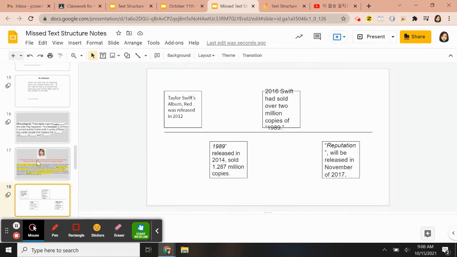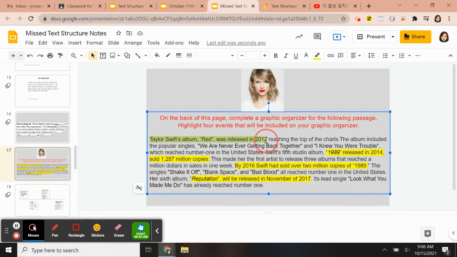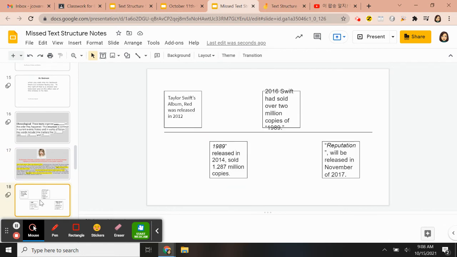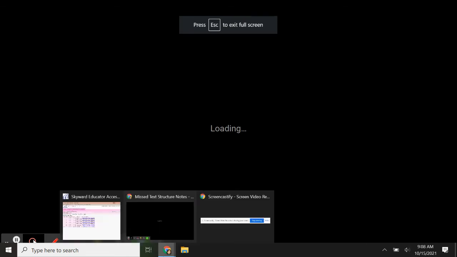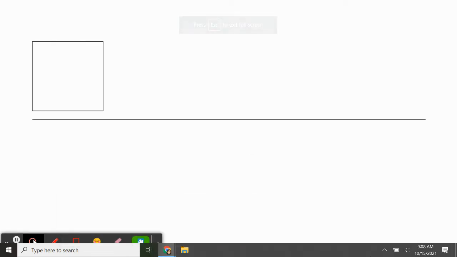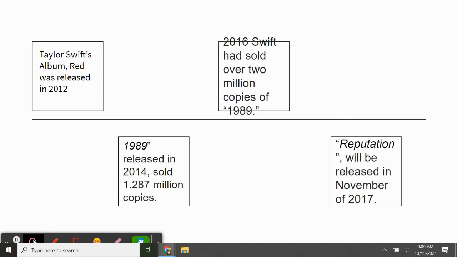So if you go back, you can just copy right here and then paste it as your first event on that timeline. And then you can keep going, get your second, third, fourth events so that your timeline ends up looking like this.